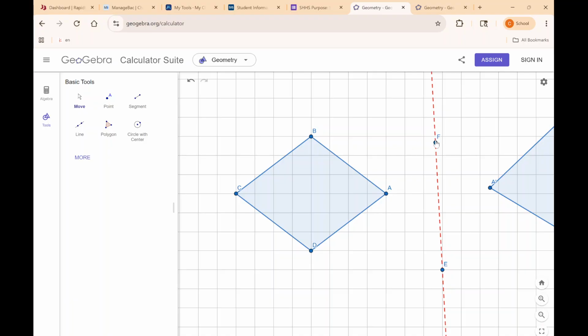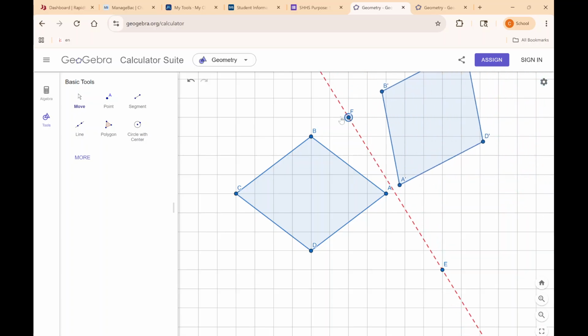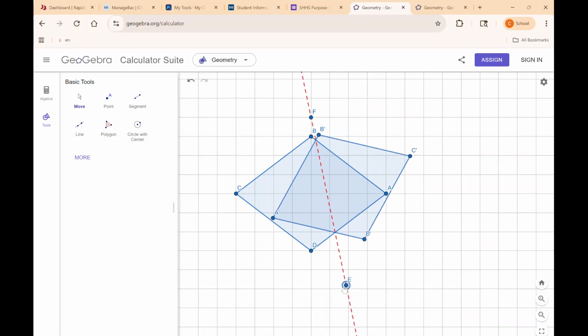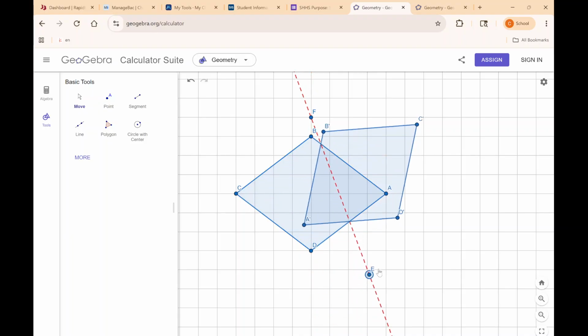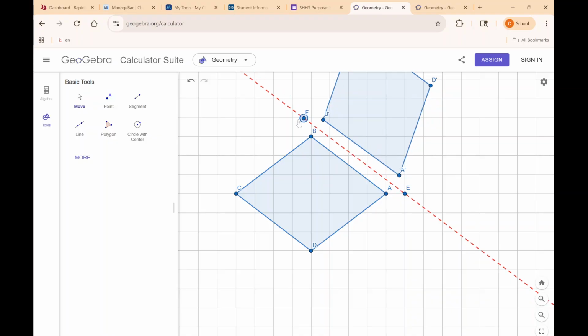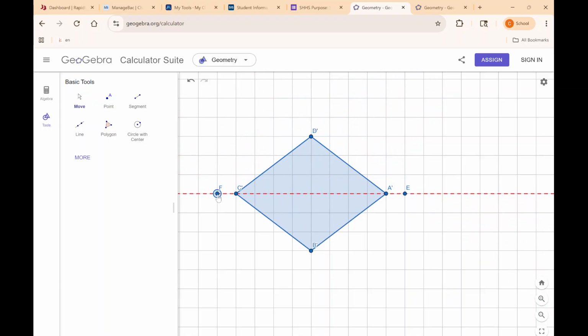Okay, so let's try our line of symmetry. So one thing we might do is go across our diagonals. And the vertical diagonal works. What about the horizontal diagonal? Yep, that works.